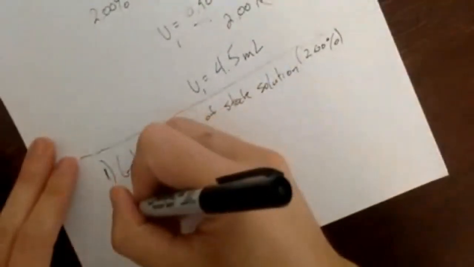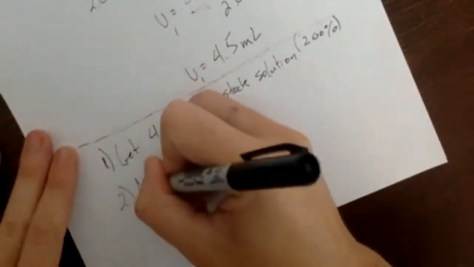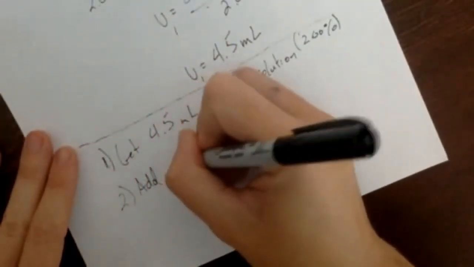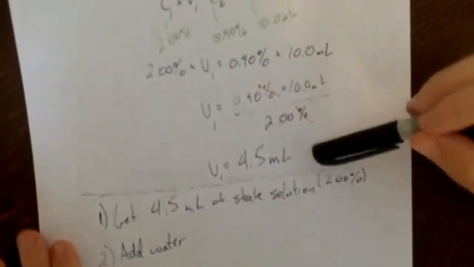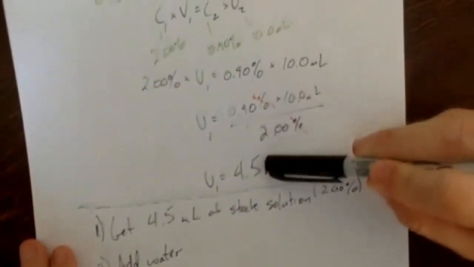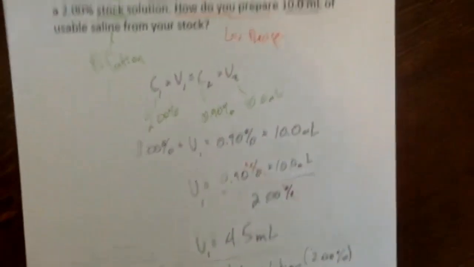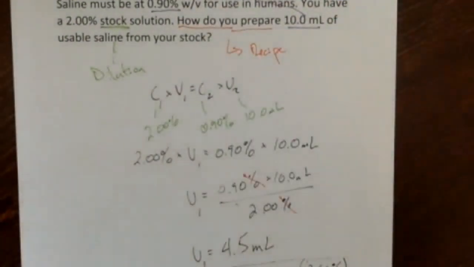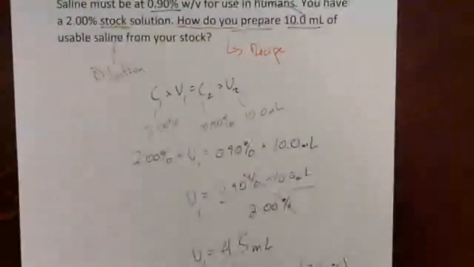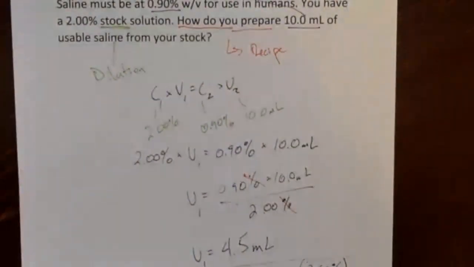Now you need to dilute. And we dilute by adding extra solvent. So you would say you add water. Now, a lot of people would say, well, you're at 4.5, you need to get to 10. So in order to do that, you could take the difference, 5.5 milliliters. But that's not quite right. Volume is not additive.